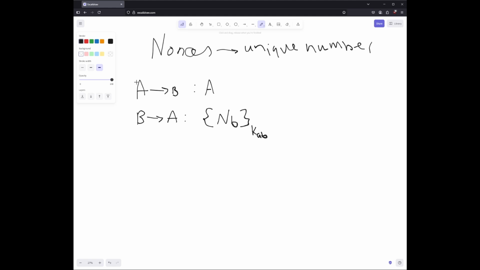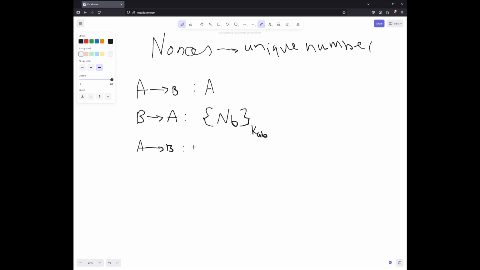So if they are truly A, then they firstly should have the session key to be able to decrypt NB. And then if they can modify that NB, let's say by doing NB plus one or some other computation, this shows that they're actually A.